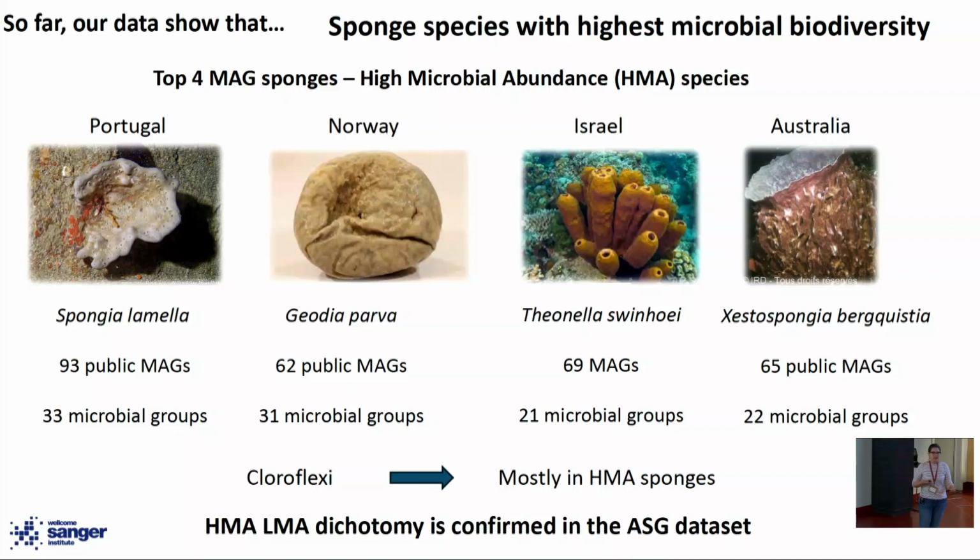All of them have a higher number of metagenomes with many microbial groups. We can see, as expected, the Chloroflexi or the Halococoidea only in the HMA sponges. Another thing that is expected is a dichotomy between the low microbial and high microbial sponges, which we can also see here, and it's confirmed by our ASG data.